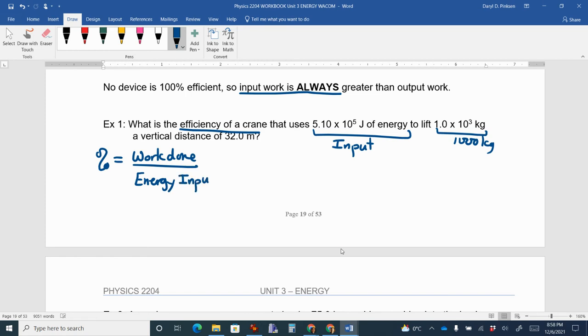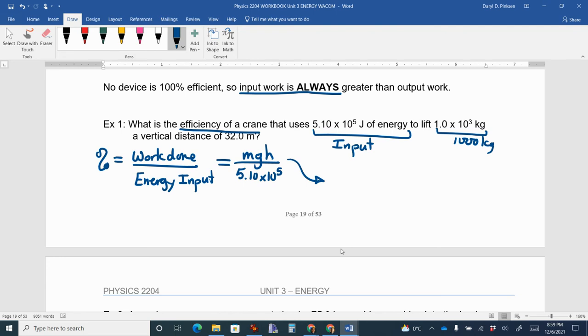The work done in this case is going to be mgh. That's the change in the gravitational potential energy. It's lifted, m times g times h. That's your work done. And the energy input is 5.10 times 10 to the 5 joules.